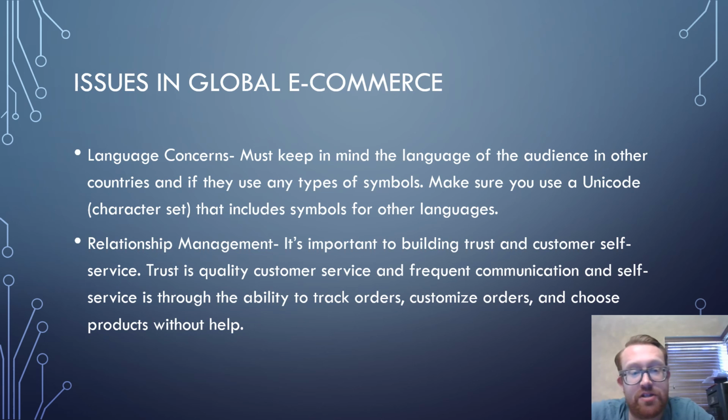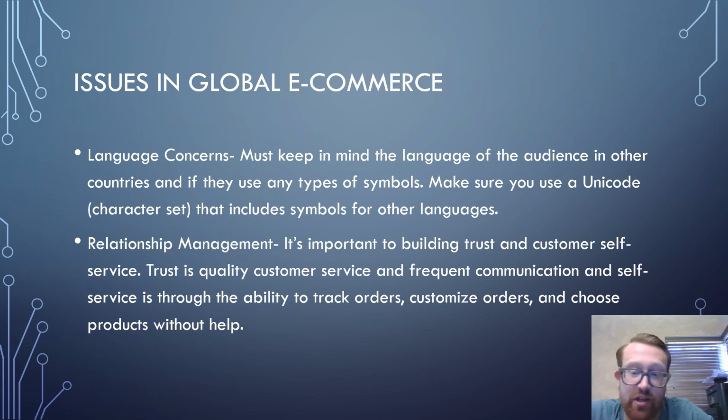You also want to have good self-service. This is something that I never thought about, but nowadays it's something that's very common. You have the ability to track your orders. If you order something, you get tracking information. You're able to follow it and follow its journey. You also have the ability to customize orders, like maybe you want to delay the shipping, or maybe you want to cancel your order.